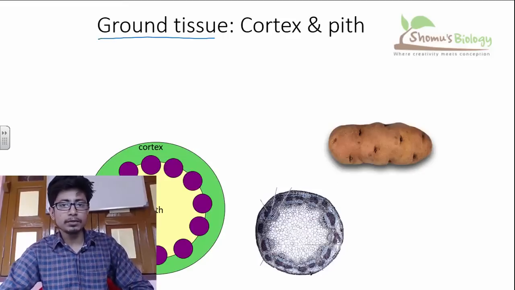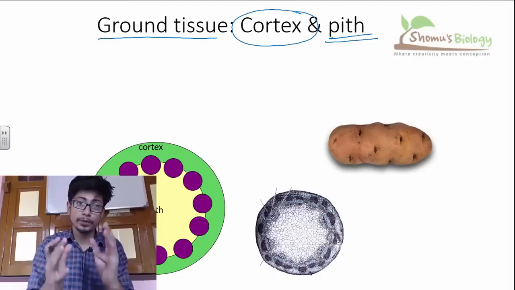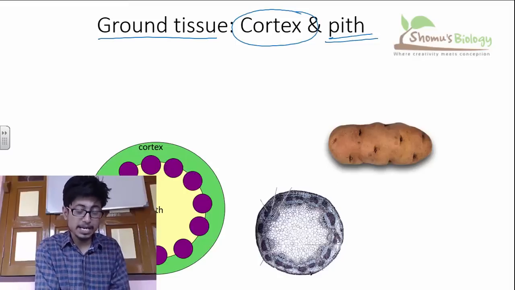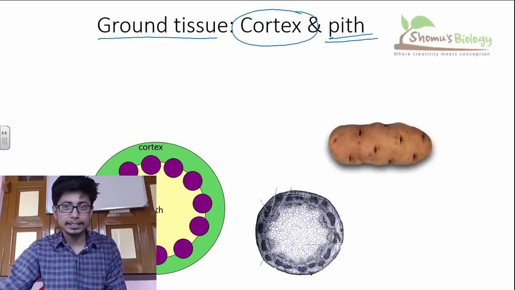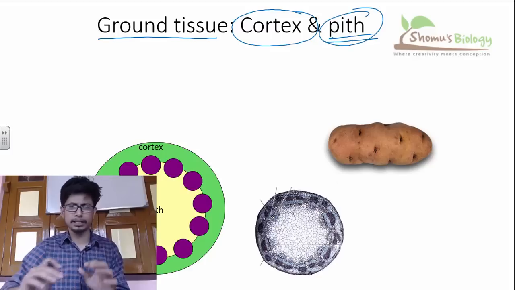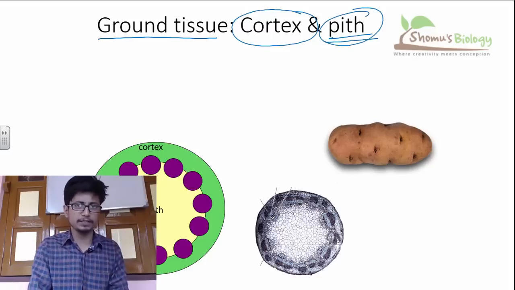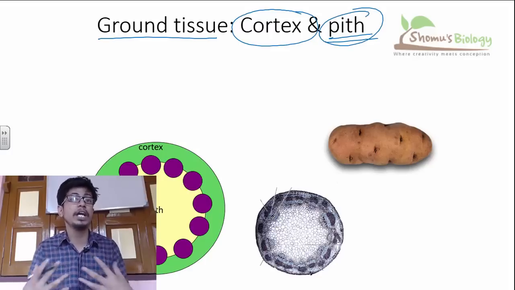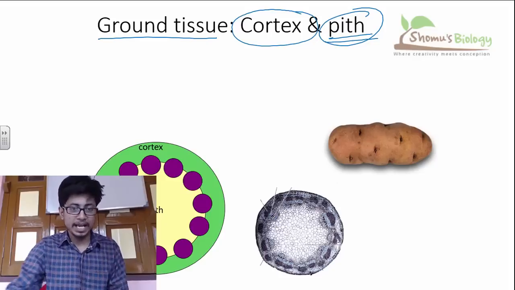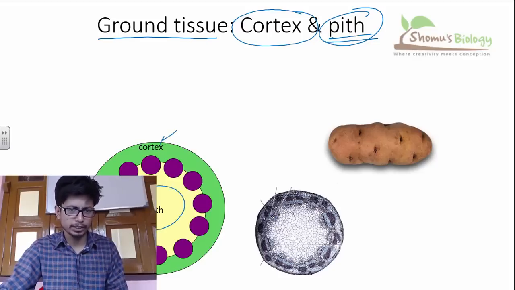If we talk about the ground tissues, they will be a part of the cortex and pith. It is also present in the stem. Ground tissues are very vital tissues, and they're part of the pith or cortex. Cortex is the outside surrounding, and the cortex of the stem is very thin most of the time, while the pith is very, very wide. As you see, the pith is very wide where the cortex is thinner.